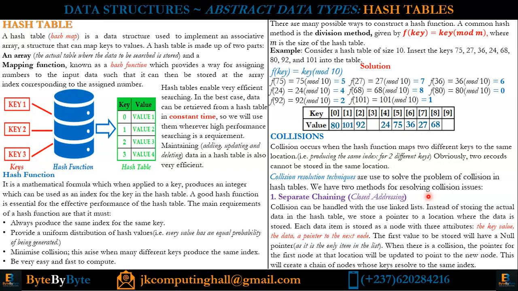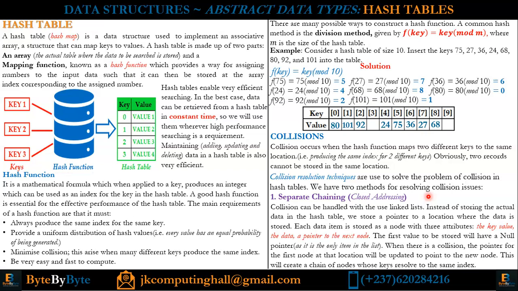But when we are using a pointer in a hash table, it contains three attributes, that is the key value, the data, because the key value is what we are going to use when performing searching, the data that is supposed to be stored, and a pointer to the next node in such a way that if our hash function produces the same index for two different keys, at least they can be related.